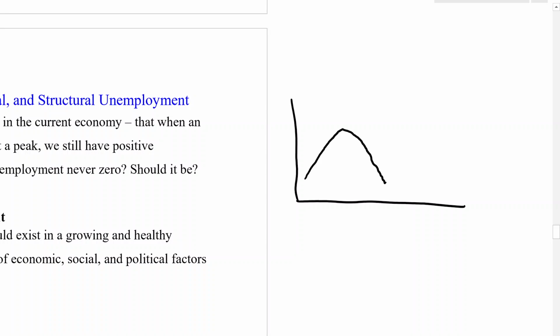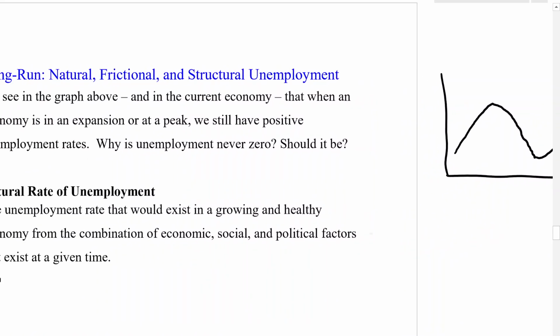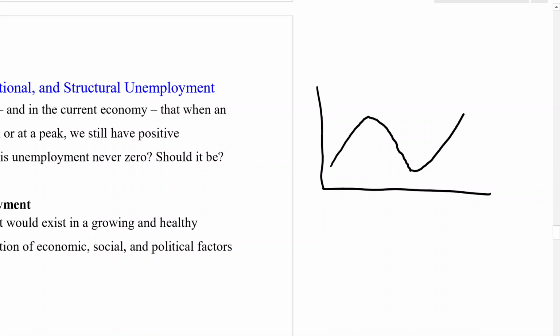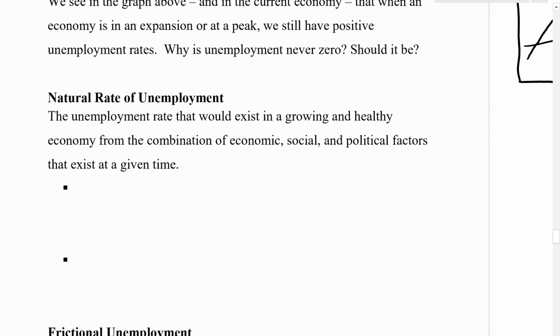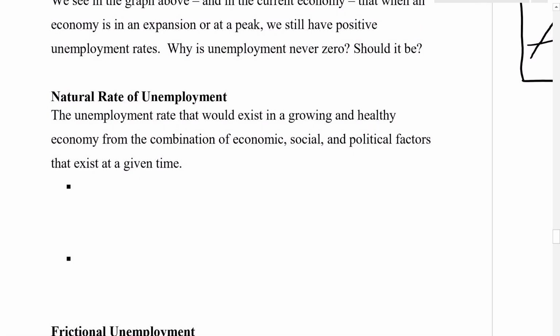When it's doing well, unemployment is going down, and vice versa. And this is our cyclical short-term unemployment. But in general, unemployment is going to still kind of cycle around some sort of long-run trend. And that long-run trend is the natural rate of unemployment.